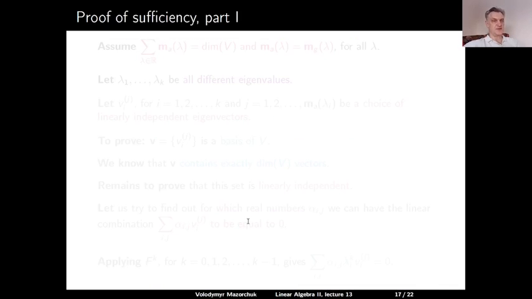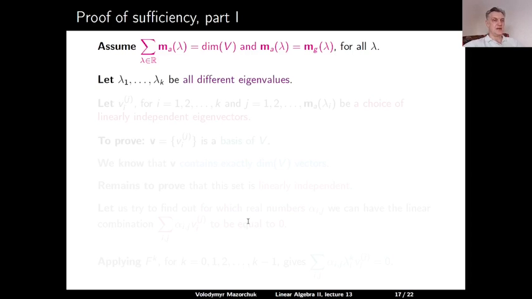Now let us prove sufficiency. Assume that the sum of the algebraic multiplicities of all eigenvalues is equal to the dimension of V, and that the algebraic multiplicity of every eigenvalue is equal to the geometric multiplicity of every eigenvalue. So let lambda 1 and so on lambda k be all different eigenvalues.